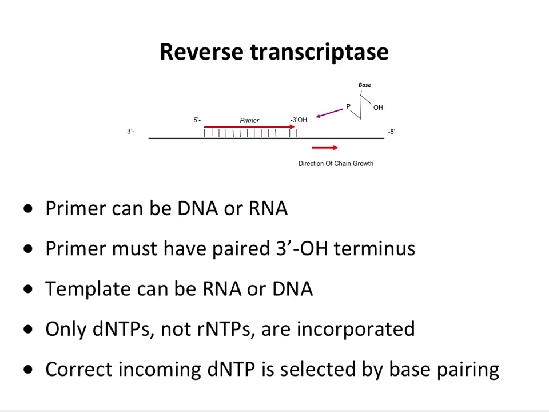Only deoxy-NTPs are incorporated, the precursors to DNA. This enzyme will not use ribo-NTPs, will not make RNA. But you could change the enzyme to make it do that. All you have to do is change one amino acid in this enzyme, and it will now make RNA instead of DNA.